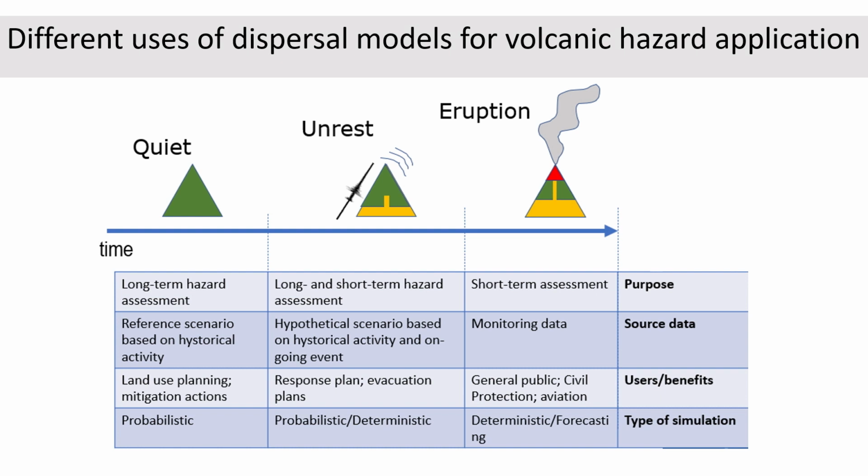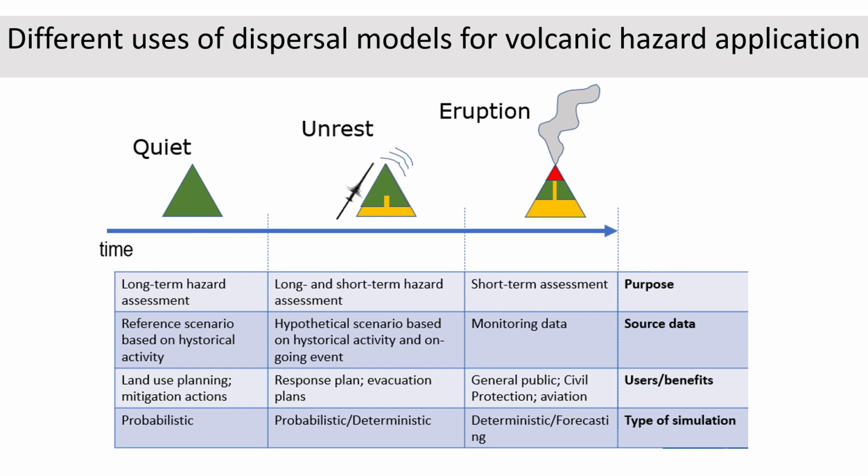Most of the time we would be getting what we call probabilistic hazard results that could be used for land use planning. When a volcano starts to show some unrest, then we might start to think about updating such scenarios and start to provide to the dispersal model information more accurate or more related to the ongoing event.